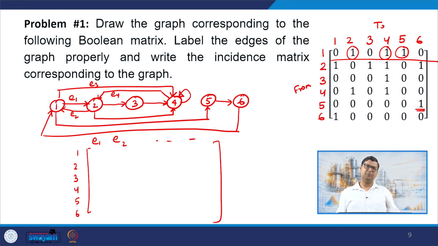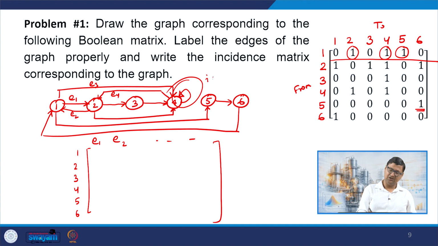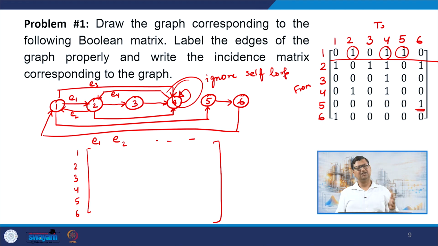Now, we will have a small problem for 4, this self loop, because it is both incoming and outgoing, right? So the question is whether to put -1 or +1. The best idea is that we will ignore this self loop because there is a confusion whether to consider it or not. In fact, from the process perspective, there is always a self loop. The system always affects itself in some way, right?